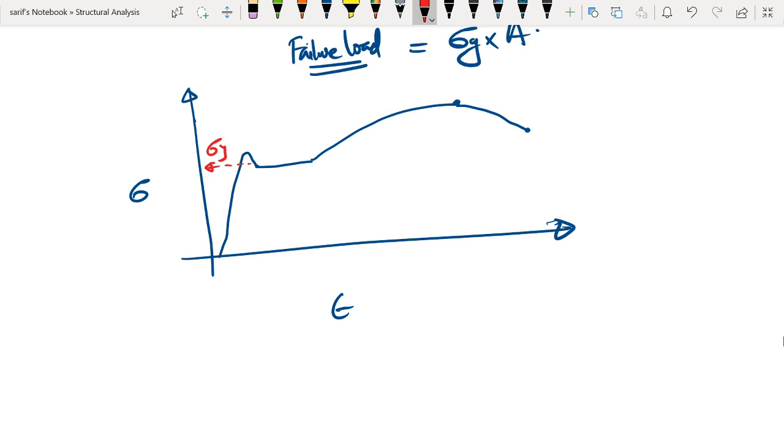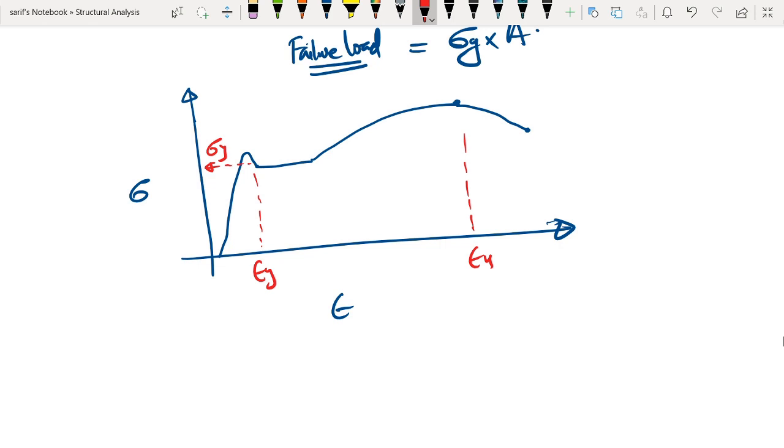Another factor is that steel as a material is capable of undergoing larger strains. For example, the strain at which the yield is reached is this value, whereas the strain at the ultimate stress is much more as compared to the strain at the yield stress. That means it is capable of undertaking larger deformations.